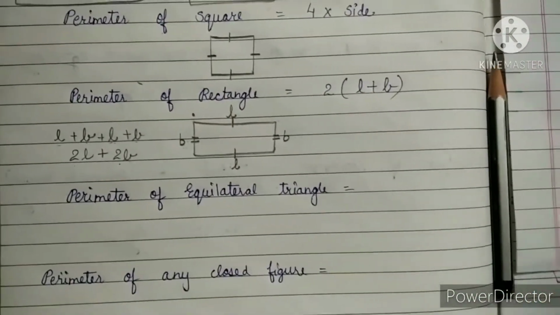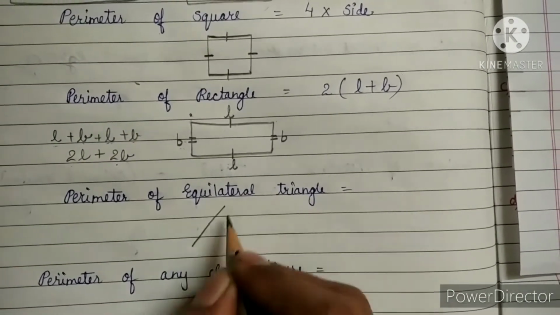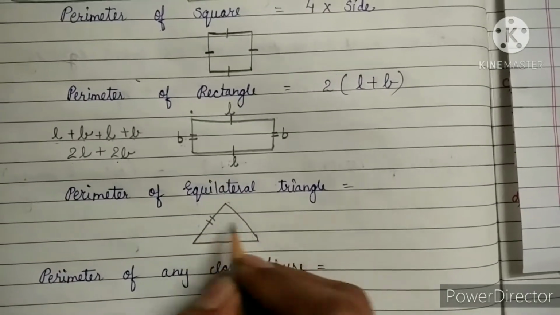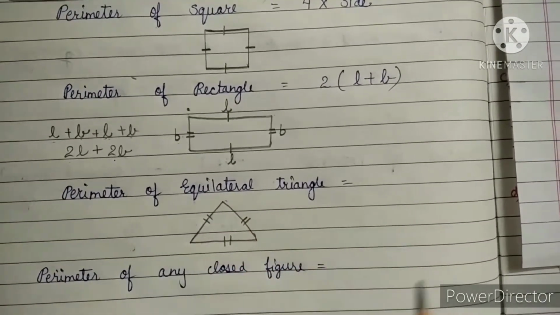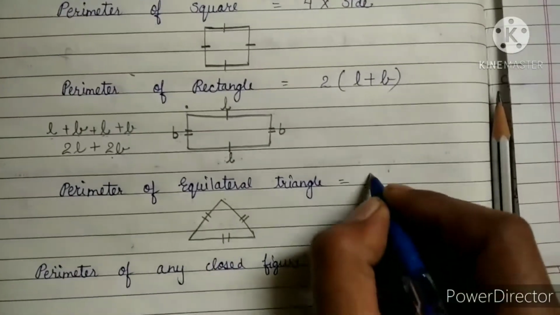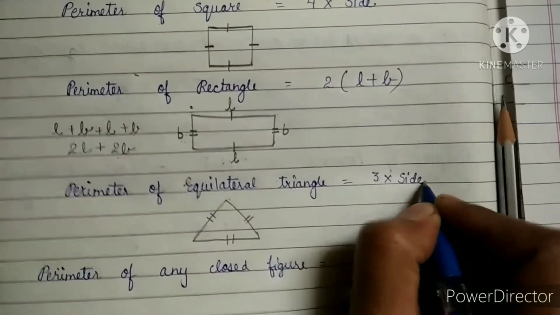Now the perimeter of an equilateral triangle. An equilateral triangle is a triangle which has all three sides equal. So 3 sides, 3 is multiplied by the side.